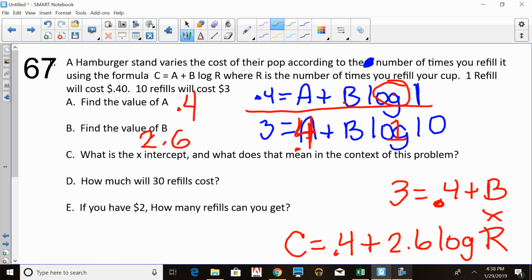Well, you can get 0.4 because if you have x being 1, then that means you can have 0.4 for free.